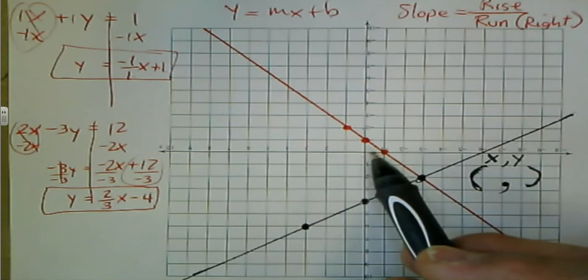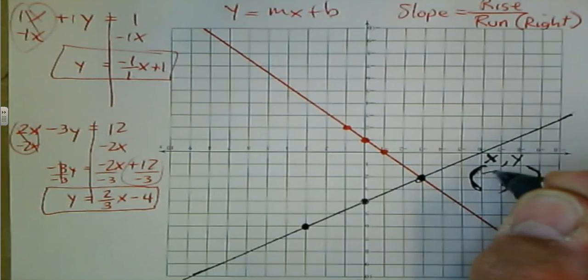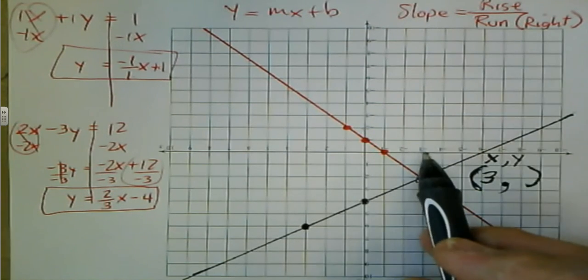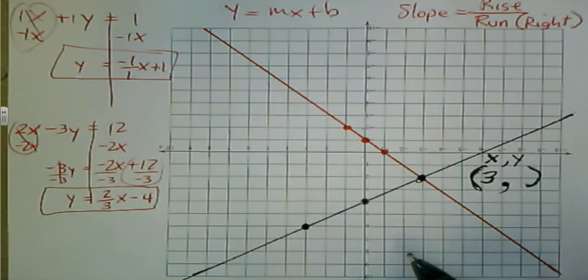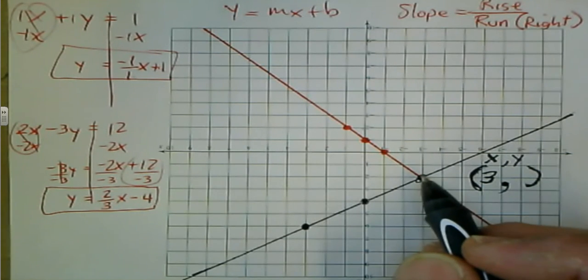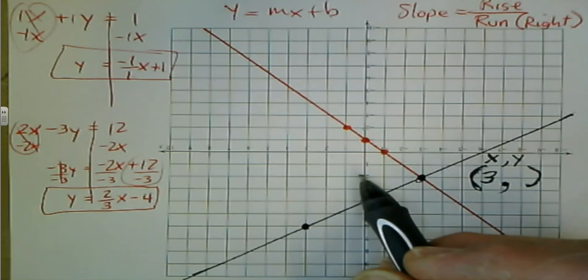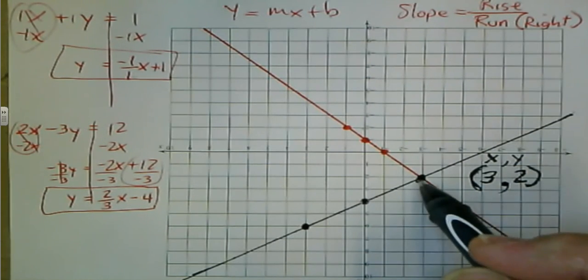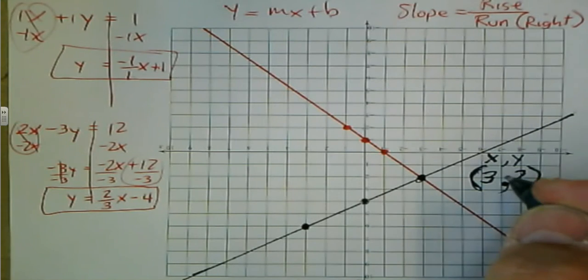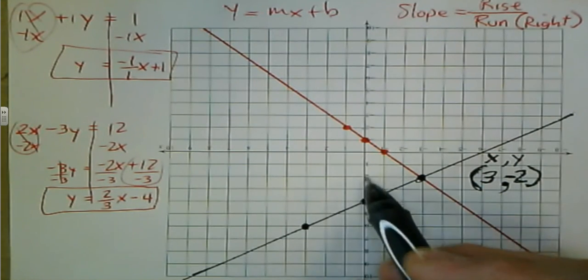Therefore, my x value is this value right here, which happens to be 3. I know mine's upside down. I don't know if you can see the negative, but it's upside down. That's 3. My y value, if I go over here to the y-axis, is 2. 3, I'm sorry, negative 2. Negative 2.